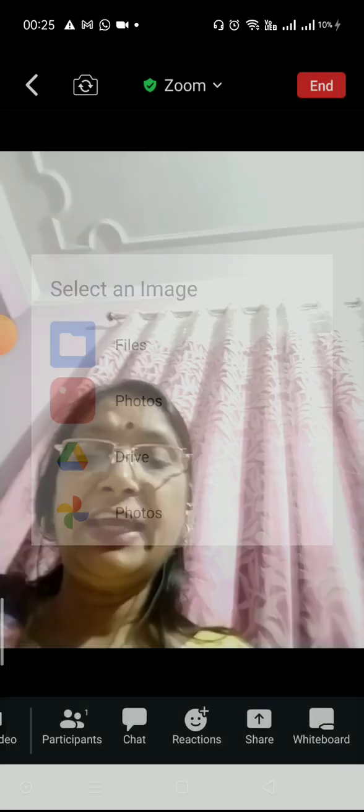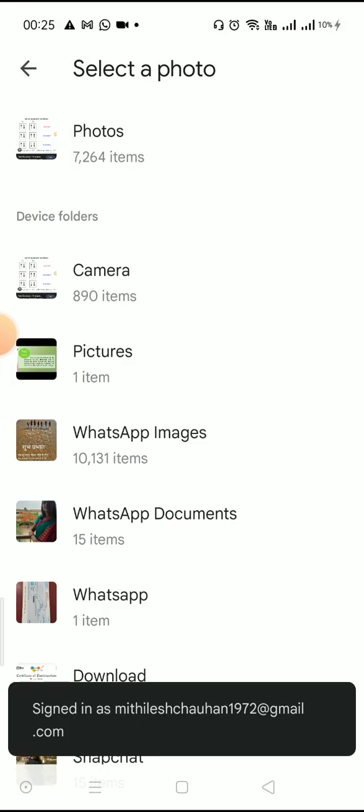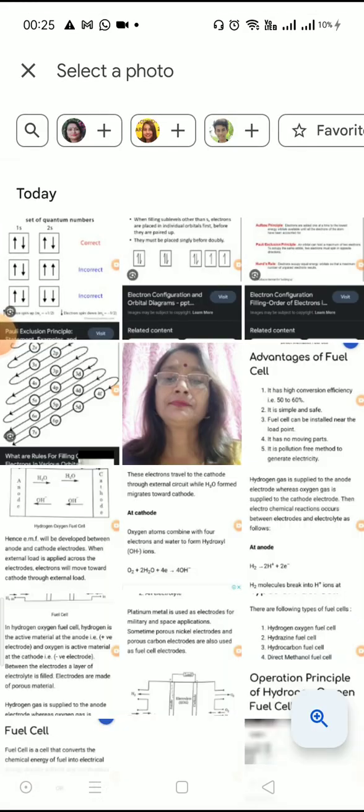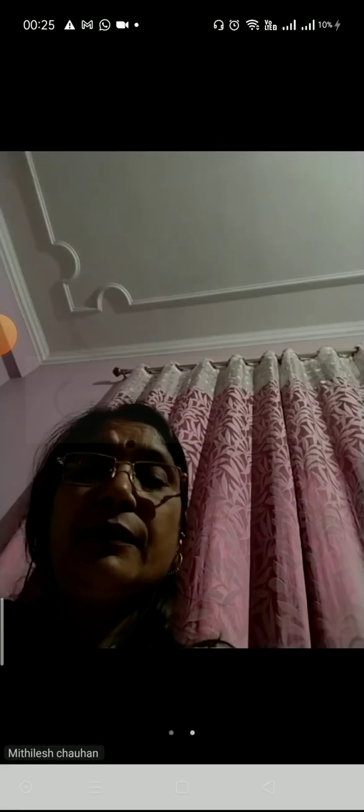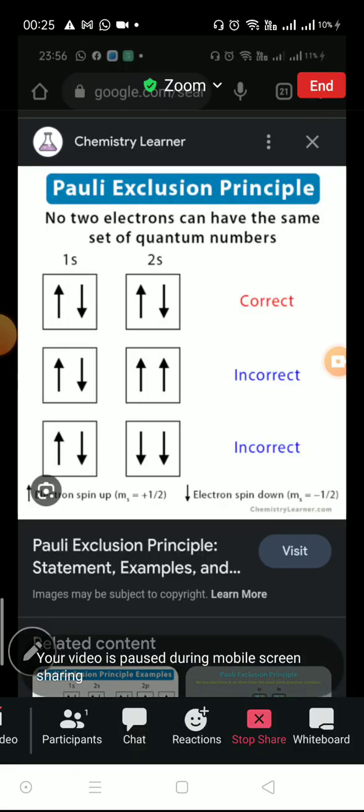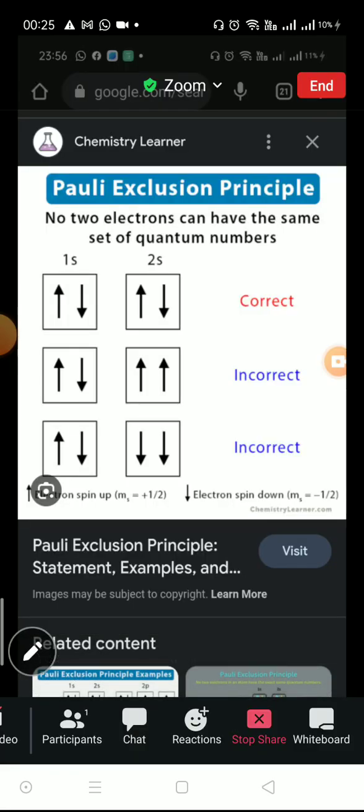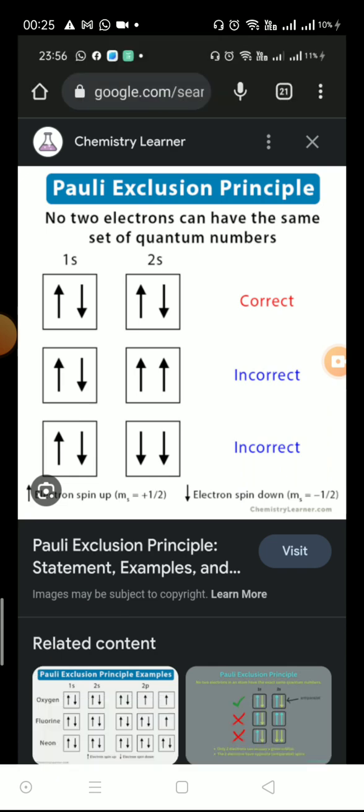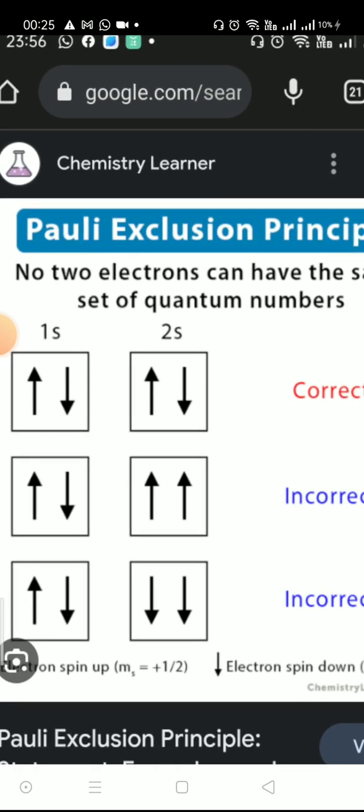Then moving ahead for the next rule. Next rule is Pauli's exclusion principle. No 2 electrons can have the same set of quantum numbers.